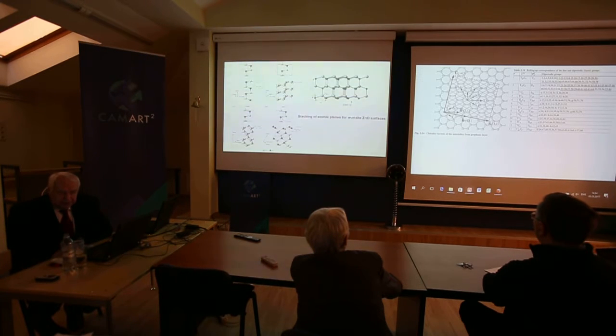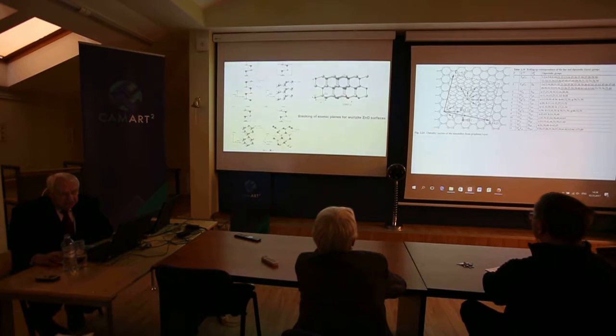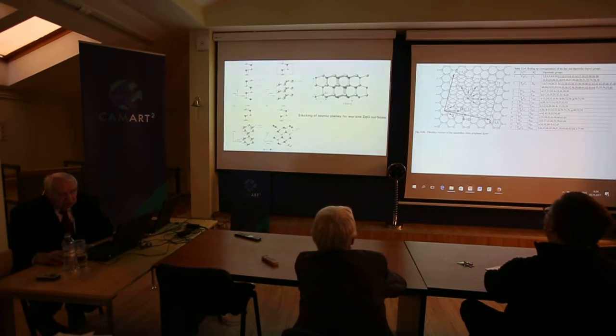What is interesting is that in nanotubes, the rotation axis along the tube axis is a screw axis, and the order of this screw axis is equal to the number of lattice points of the two-dimensional lattice used for this unit cell.